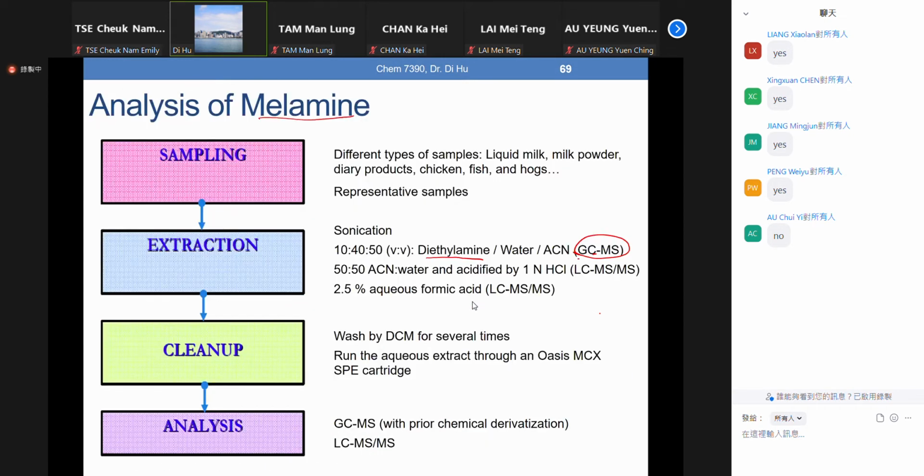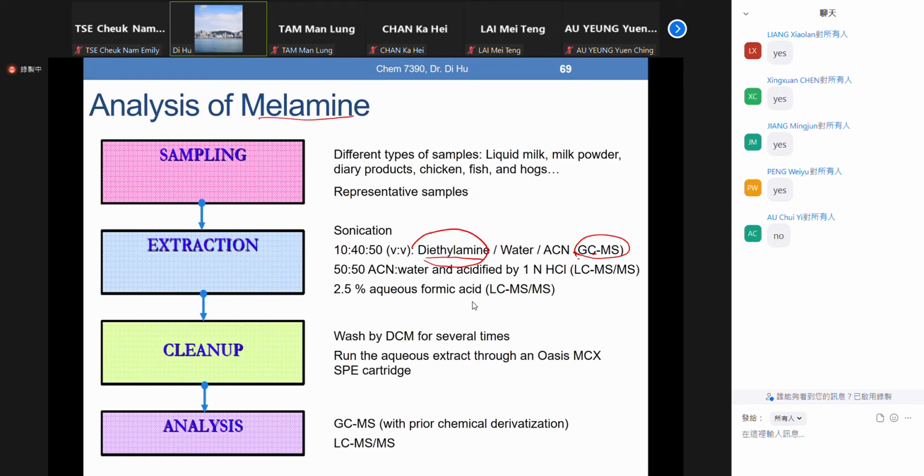And people found that with a small fraction of diethylamine added into the extraction solvent, this can really help the extraction and dissolution of all 4 melamine-related compounds from a variety of matrices.